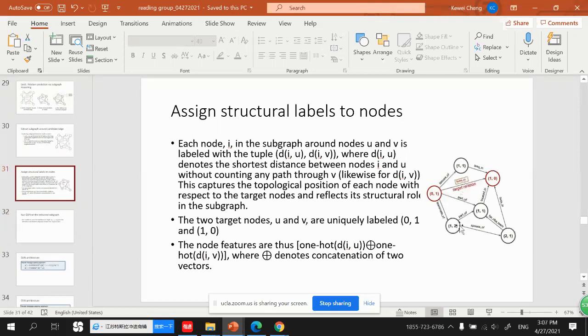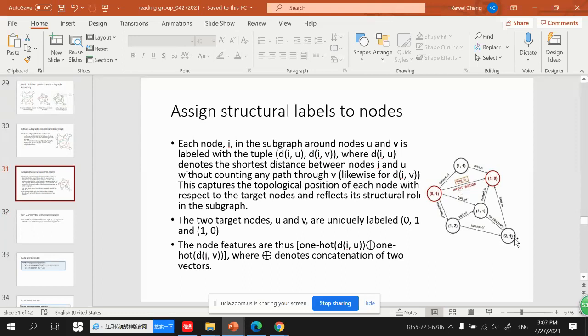For example, this node is 2 hops from the target node. The target node is the red one here. And we can see that the shortest path between this node and the target node X is 2 hops. So we will represent the first number of the tuple as 2.